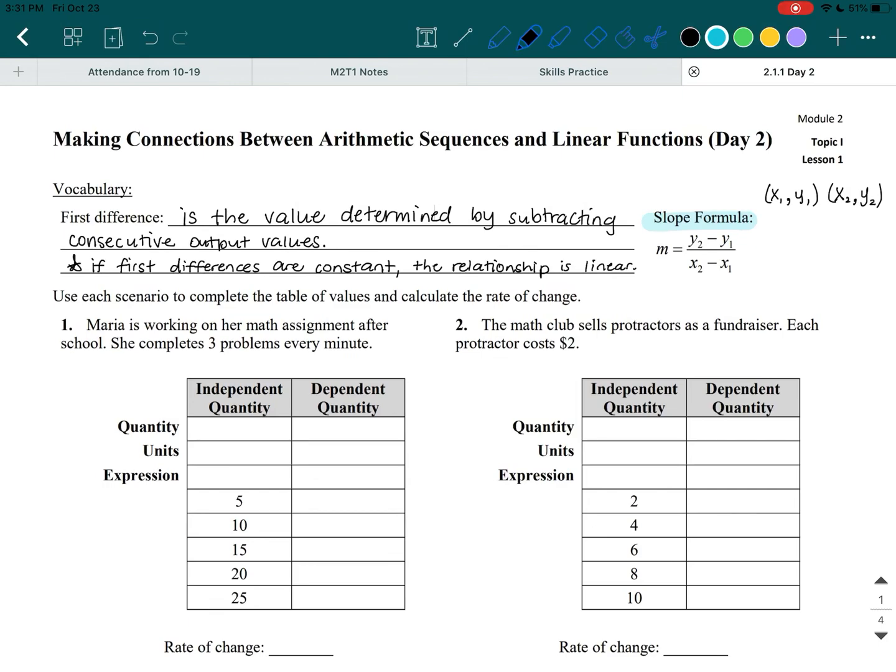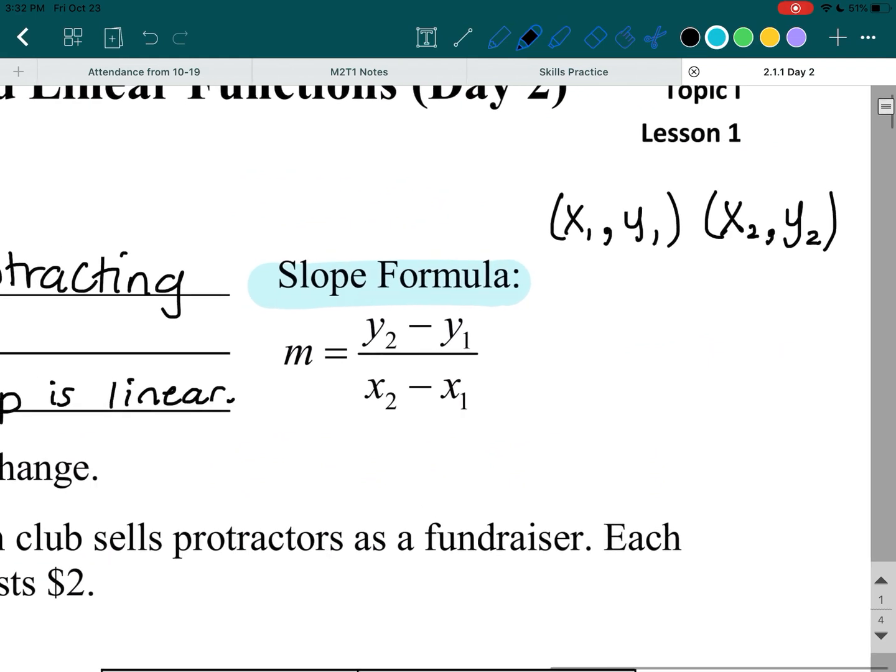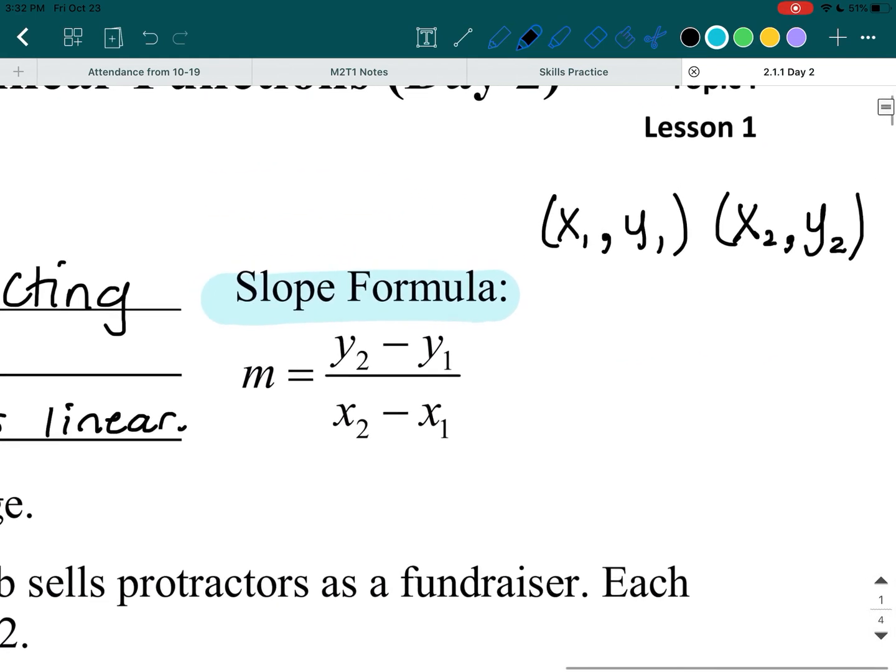So for 2 points, you would plug in the x's and the y's into the slope formula like this. So you're probably wondering, I have no clue what this means, so I'm going to give you an example. Let's say you have 2 points like this, 3, 4, and 6, 7. If we wanted to find the slope between these two, then you would plug them into this formula.